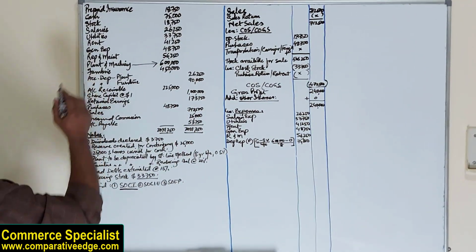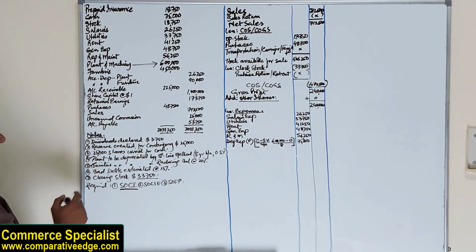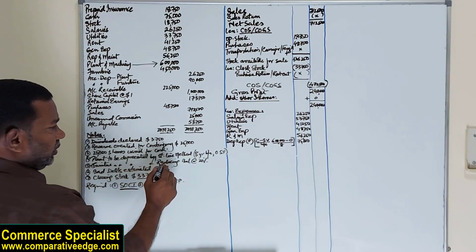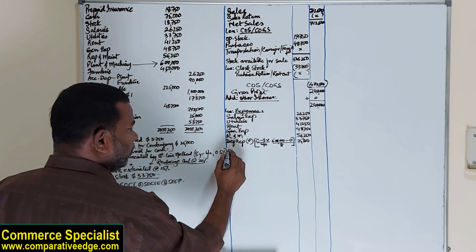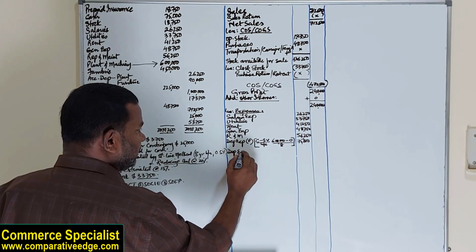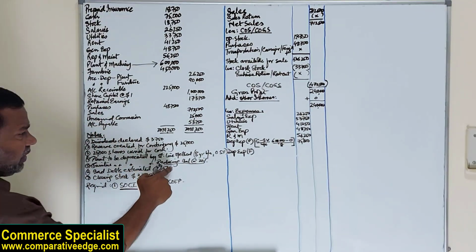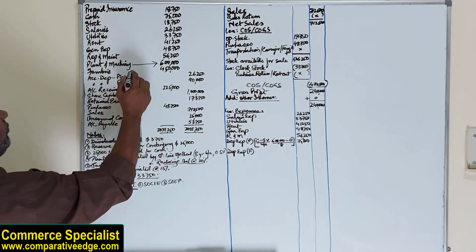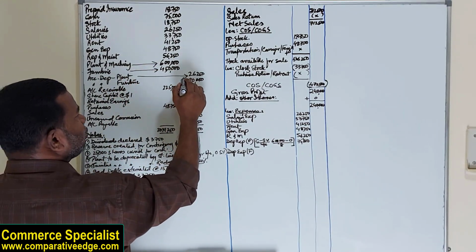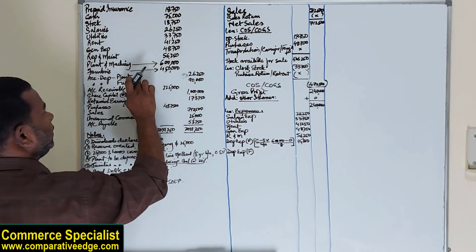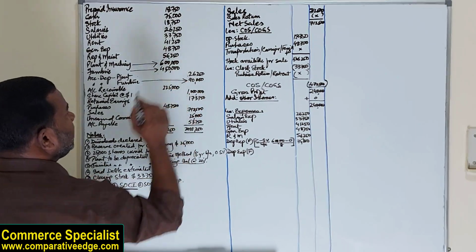Then you have furniture. Furniture is to be depreciated in note number 5. It says furniture is to be depreciated by reducing balance method at the rate of 20%. So here I'm going to write depreciation expense on furniture. Since it says reducing balance, we have to look at the cost of furniture and subtract the existing accumulated depreciation on furniture, which is 90,000.